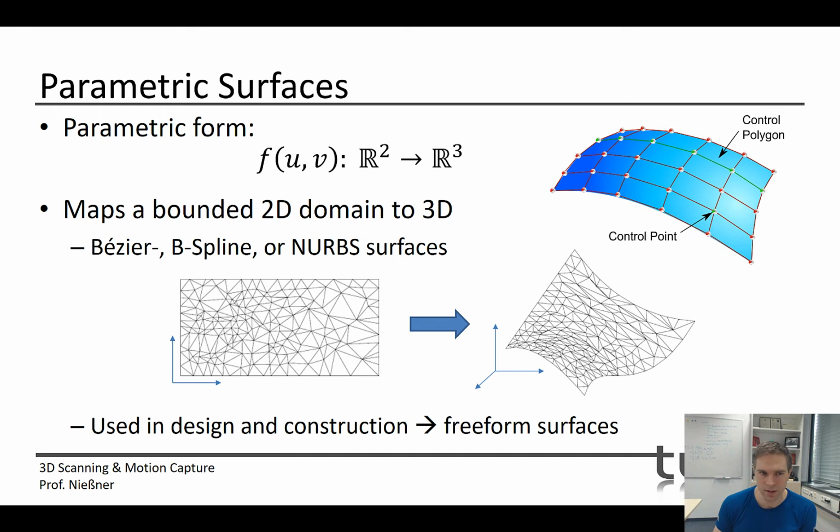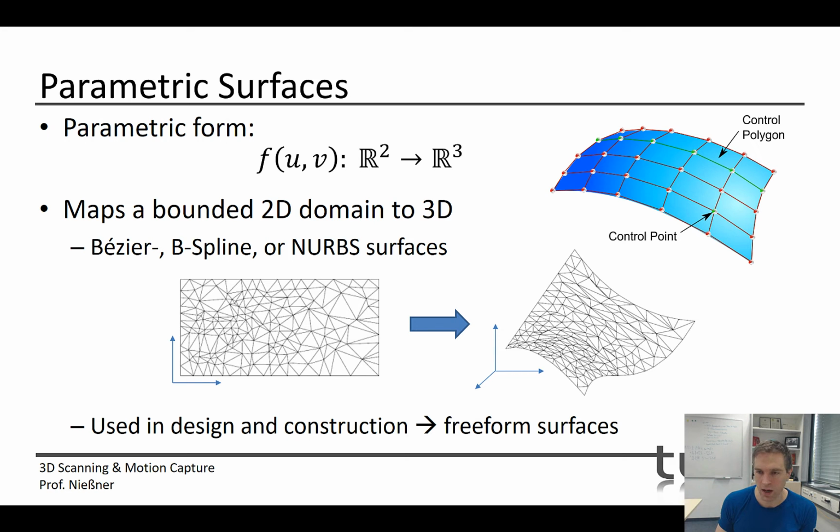So if you're interested in these areas, I would recommend looking into these surface definitions, or there are also specific geometry processing or geometric modeling lectures that deal with this a little bit more. Okay, what's the advantage here?